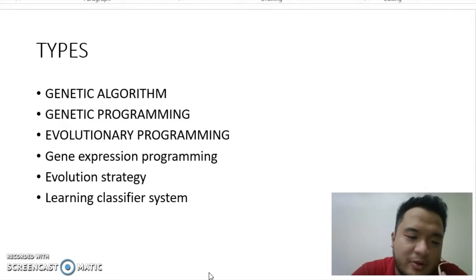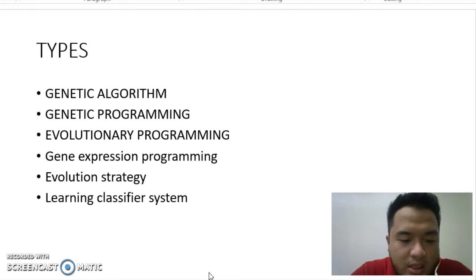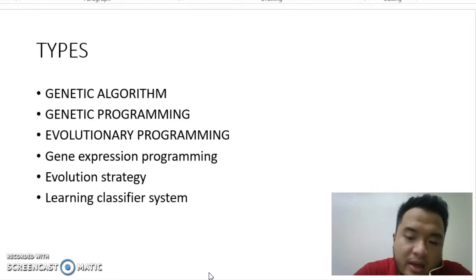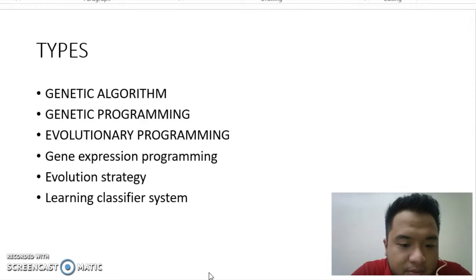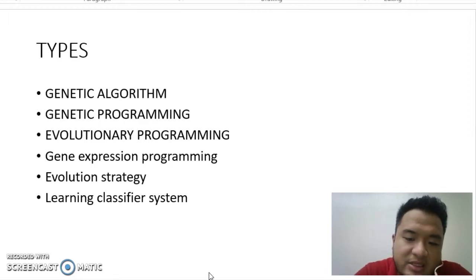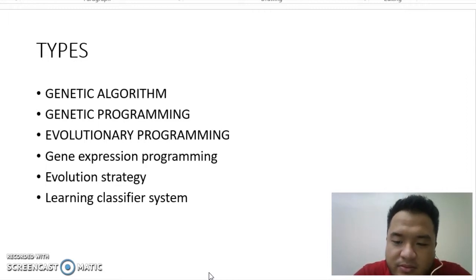Next is genetic programming. Here the solutions are in the form of computer programs, and their fitness is determined by their ability to solve the computational problem. Next is evolutionary programming. Similar to genetic programming, but the structure of the program is fixed and its numerical parameters are allowed to evolve.